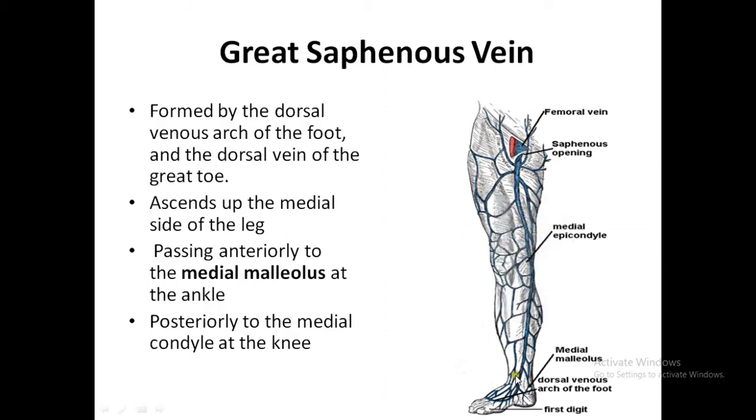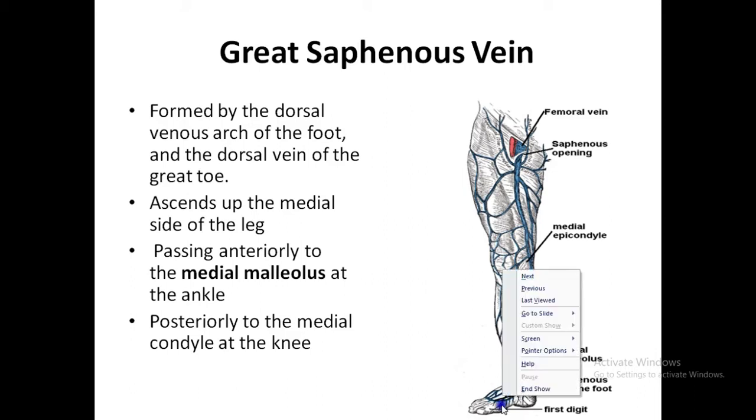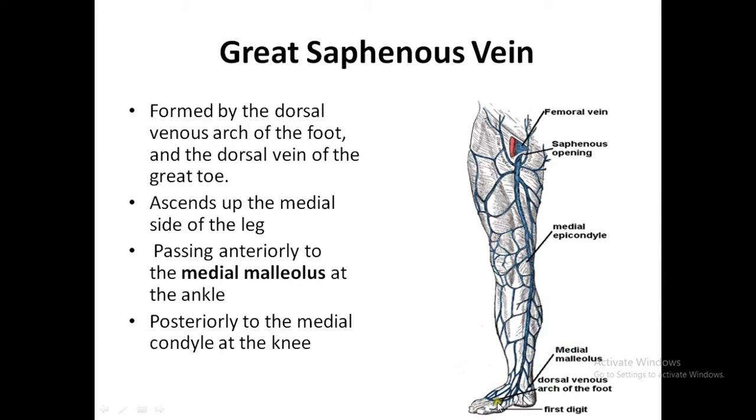You can see in the figure the dorsal venous arch, and the dorsal vein of the great toe, the big toe. Together they form the great saphenous, or long saphenous, vein.